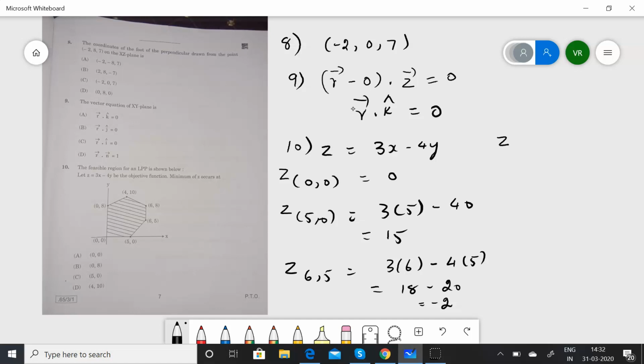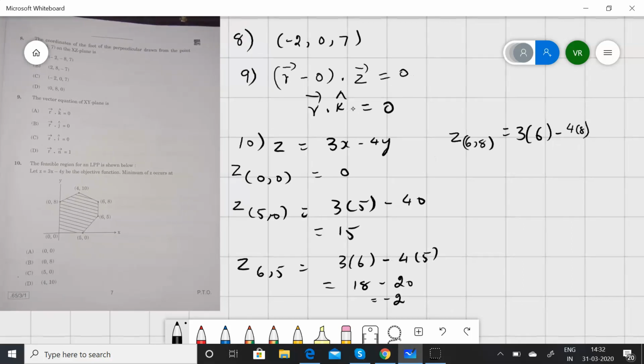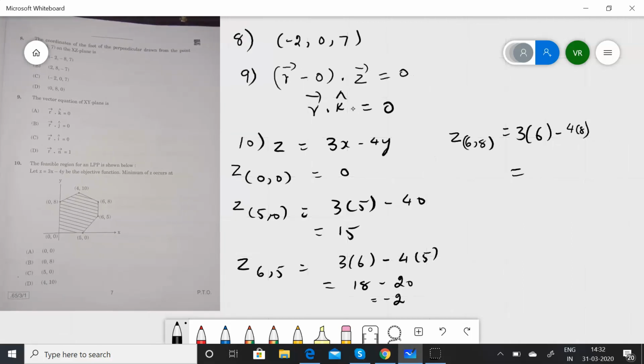Then Z at (6, 8) is 3 times 6 minus 4 times 8, which is equal to 18 minus 4 8s are 32, which is equal to minus 14.